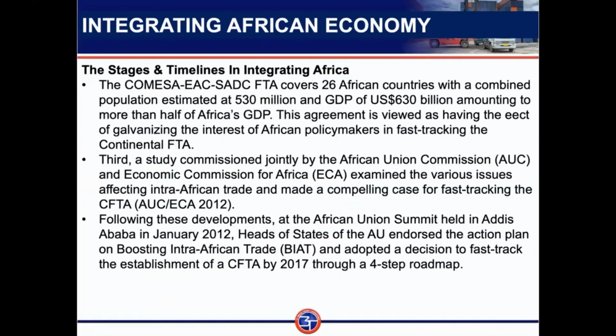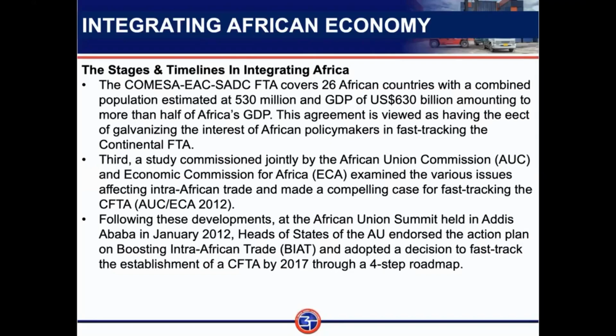The COMESA, EAC, and SADC free trade agreement covers 26 African countries with a combined population of about 530 million and GDP of about 630 billion, amounting to more than half of African GDP. This agreement is viewed as having helped galvanize the interest of African policymakers in fast-tracking the Continental Free Trade Agreement.